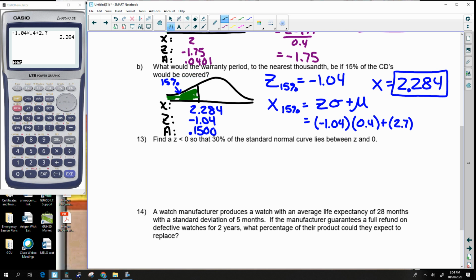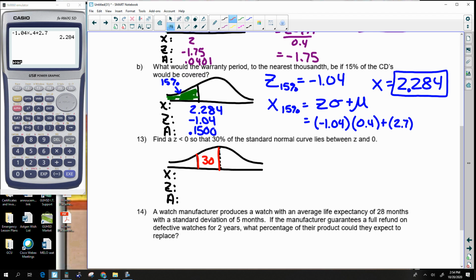Okay, number 13 is our trick question. In this situation, they want to know what is a z less than 0. So the question is ultimately asking, what is a z that is less than 0? Z is going to be the answer. And they want 30% to fall between the z and 0.